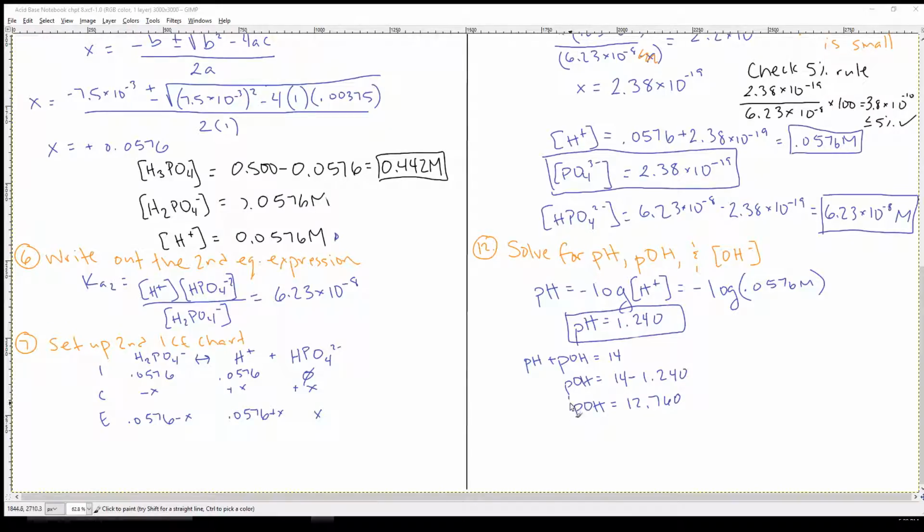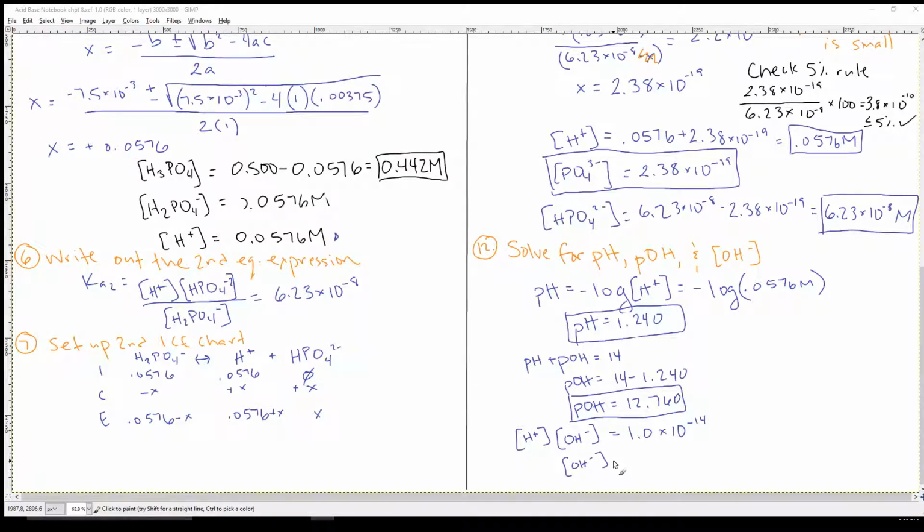Okay, that's good. Now I need to figure out the concentration of hydroxide ions, and there's more than one way you can do it. Personally, I don't like working with logs, so I'm going to use this handy-dandy little trick. The hydrogen ion concentration times the hydroxide ion concentration is always equal to 1.0 times 10 to the negative 14th. So I'll divide both sides by hydrogen concentration.